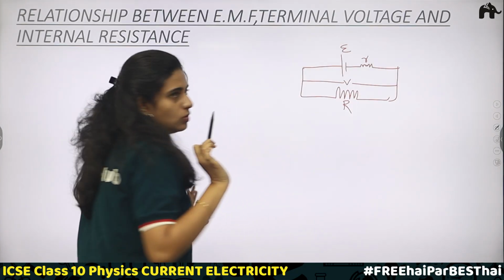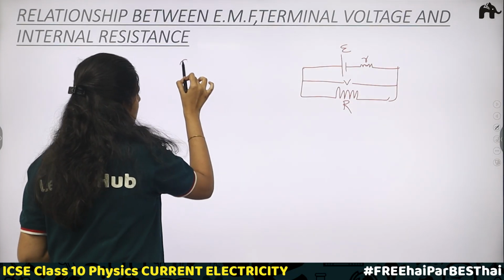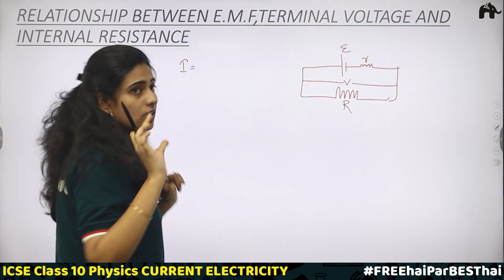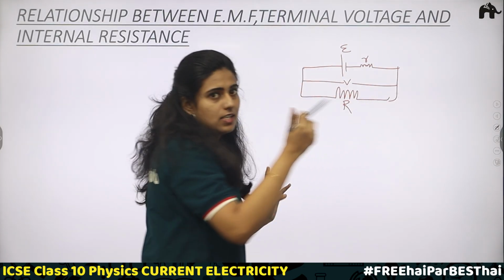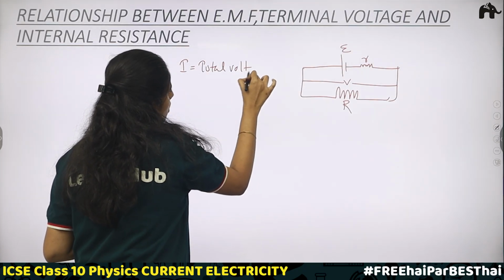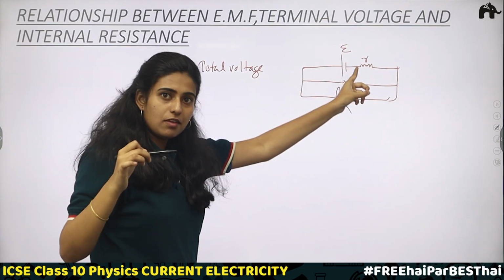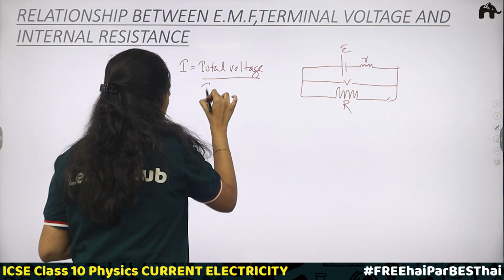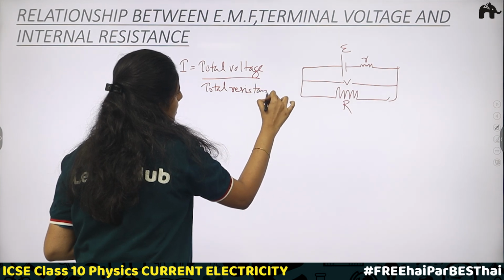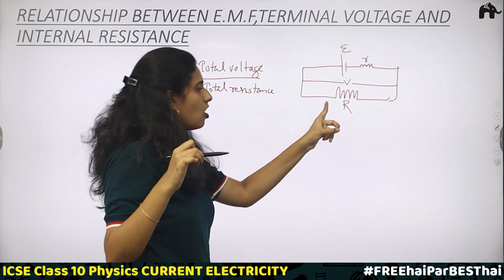Okay, we know that the current I is equal to voltage divided by resistance. So what is the total voltage? Total voltage will be the EMF. Then what is the total resistance in this case? Here we have an internal resistance and the normal resistance.